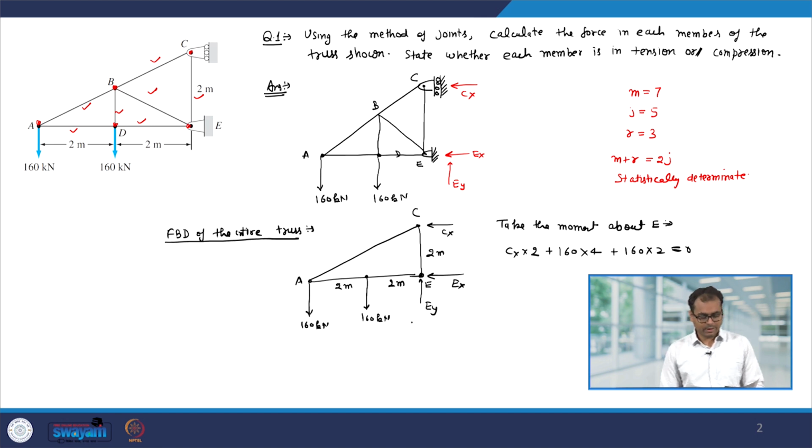This is the moment equation, and from here I can see that Cx is minus 480 kilonewton.